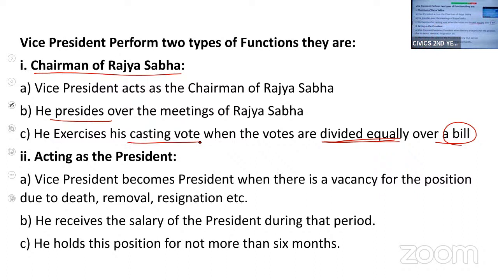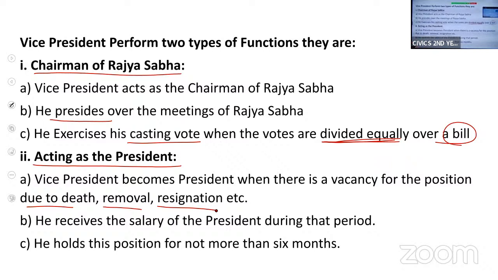Then the second function is he acts as the president. Under what conditions will he act as the president? When there is vacancy to the office of the president due to death, removal, or resignation. If the president dies, or is removed, or resigns, under such situations, the vice president will become the president.